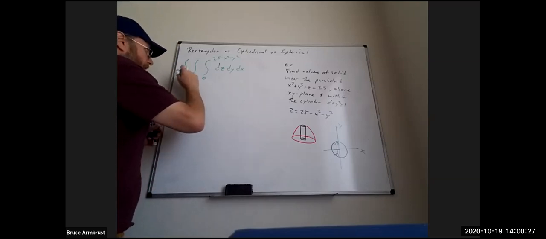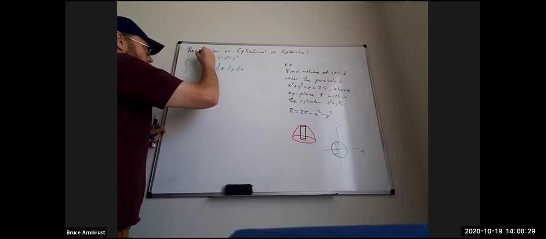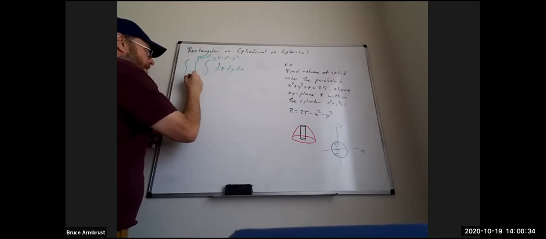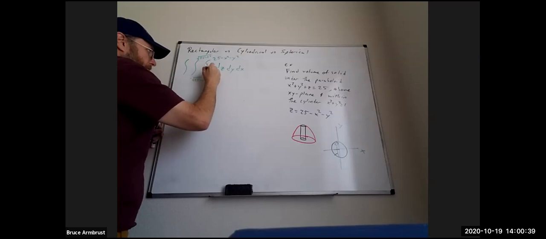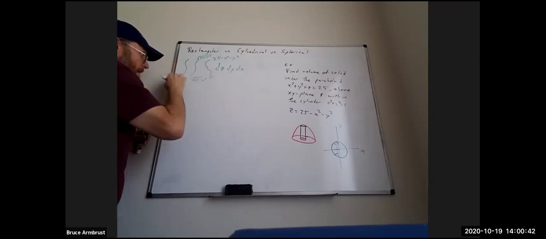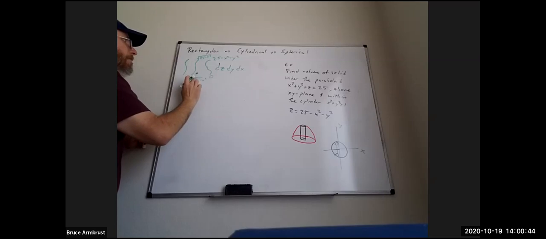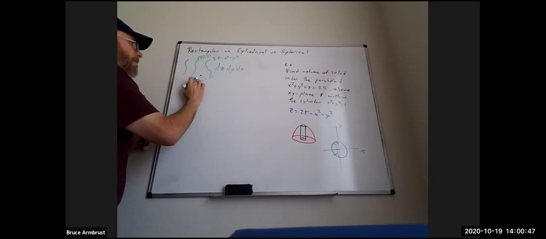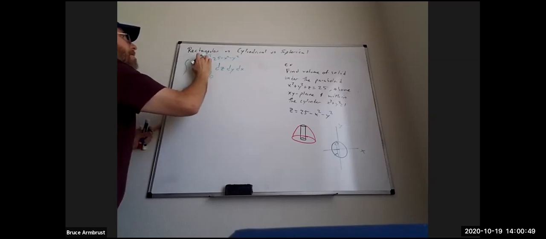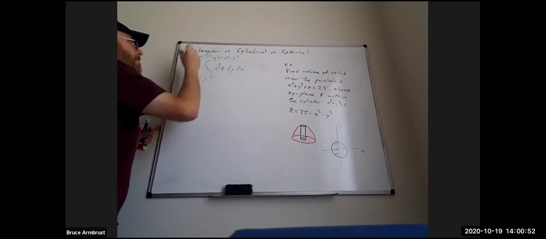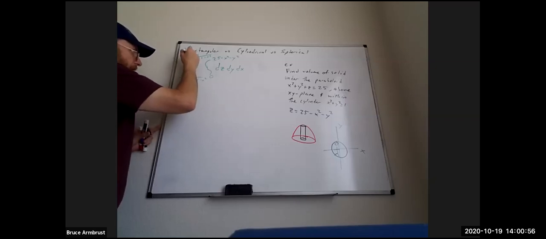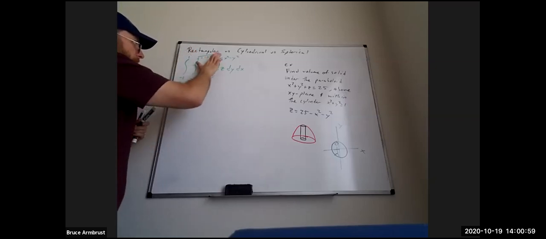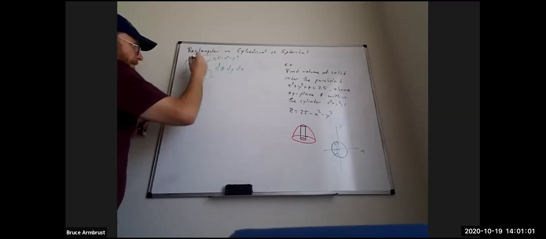So that means on top it's going to be the square root of 25 minus x squared, and on the bottom, the negative square root of 25 minus x squared. And then the x's are going to go from, or whoops, not 25, but 1. Sorry about that, I was thinking about the wrong circle. And then the bounds on the x are going to go from -1 to +1.